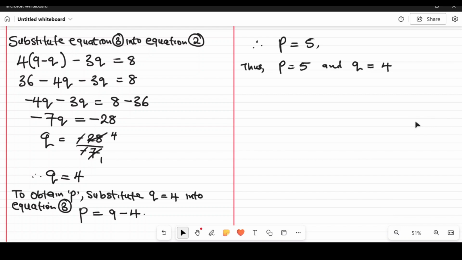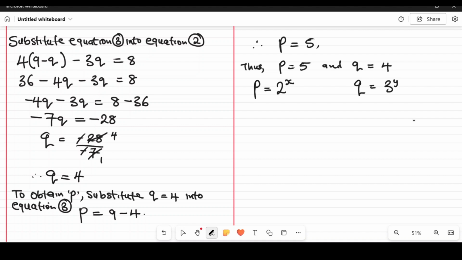If you recall, we made a very simple substitution that let p be equal to 2^x and let q be equal to 3^y. Now, if that is true, we can write back our equations as p = 2^x and q = 3^y.